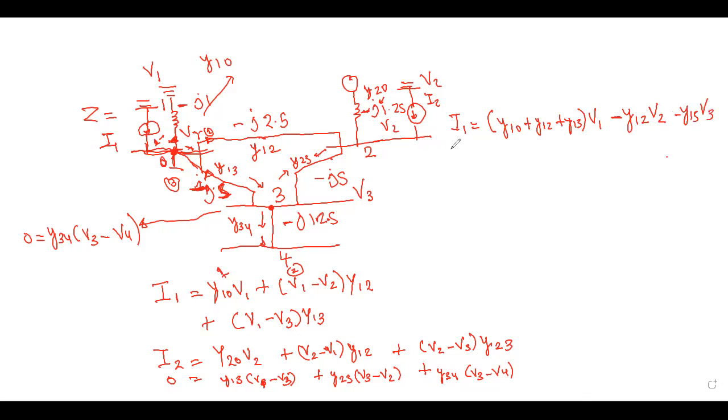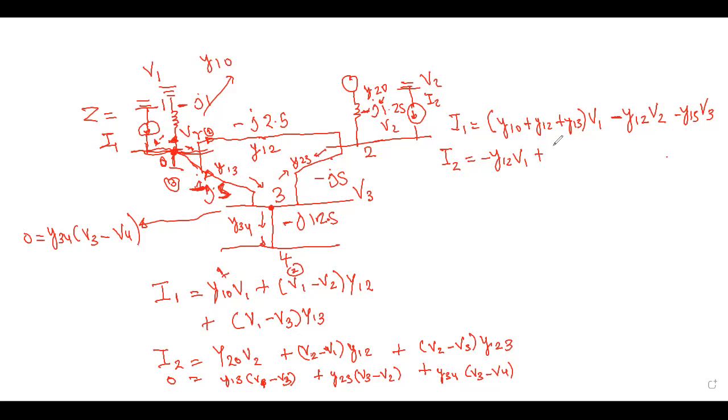The same thing I'll do for I2. Common terms I'll take out. There is only one V1, that is minus Y12 into V1. Okay, for V2, there are so many values. You see, V2 you will have Y12 V2, Y23 V2, and again Y20 V2.